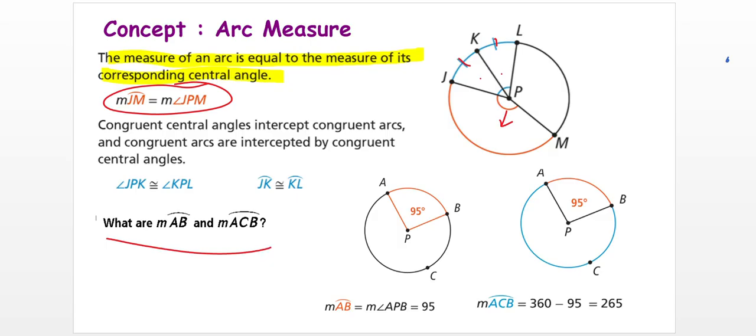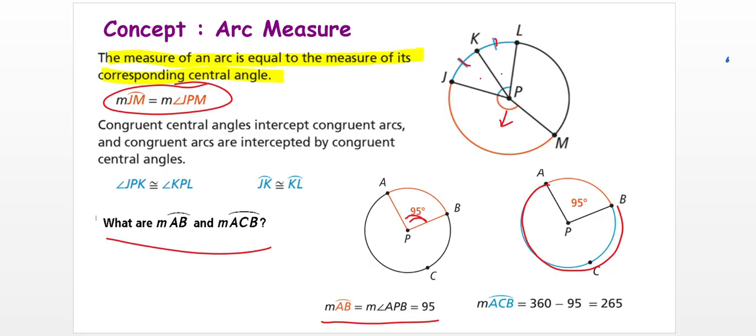It says what are the measure of arc AB and the measure of arc ACB. Now where's arc AB? Look at this here. The central angle is 95. That's why the measure of arc AB will be 95 degrees. Now to find arc ACB, ACB is this one, right? The bigger one. So how will we find it?